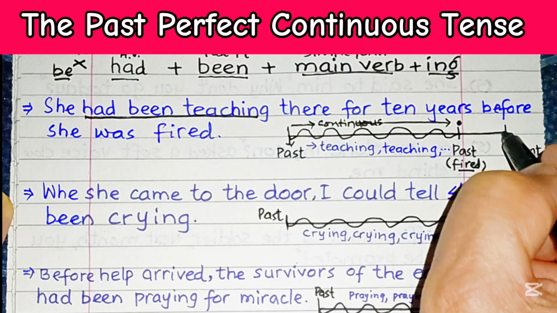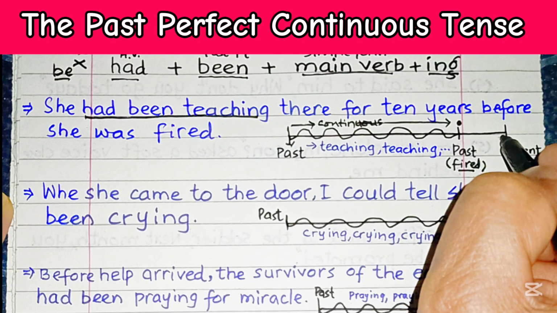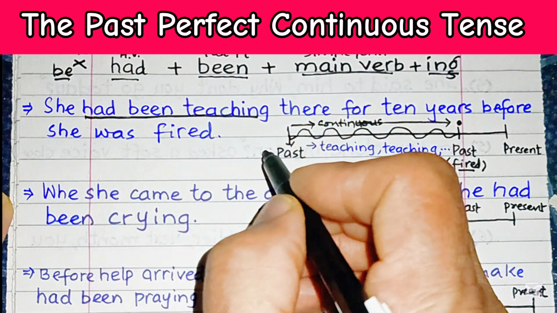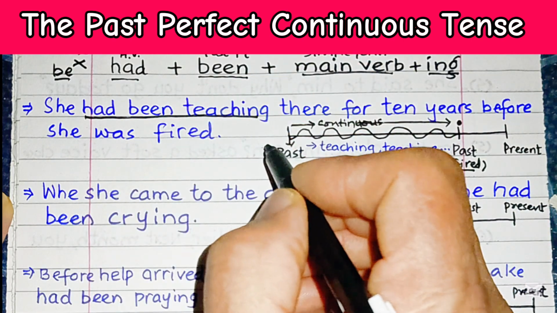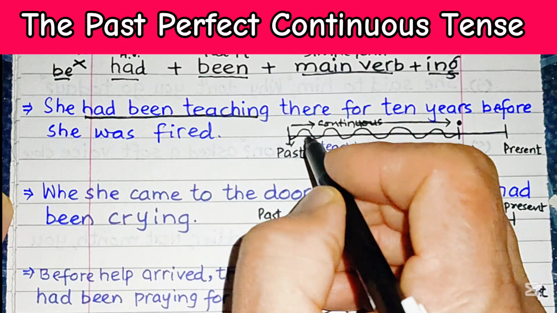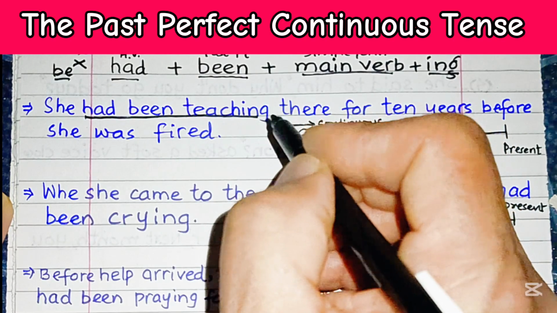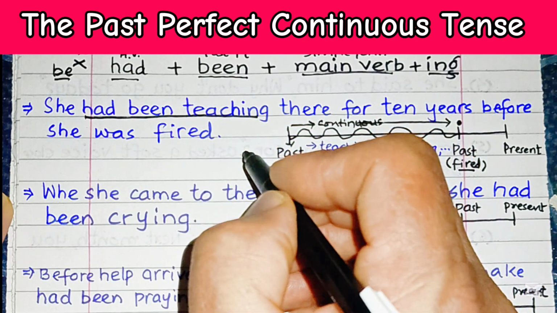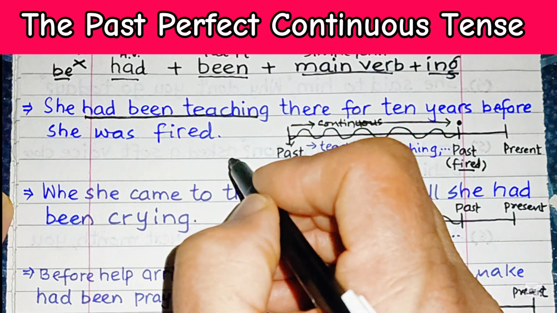And after that, we enter into present tense. So you could also use the past perfect tense and just say she had taught there for 10 years before she was fired. We can also use this structure as well.